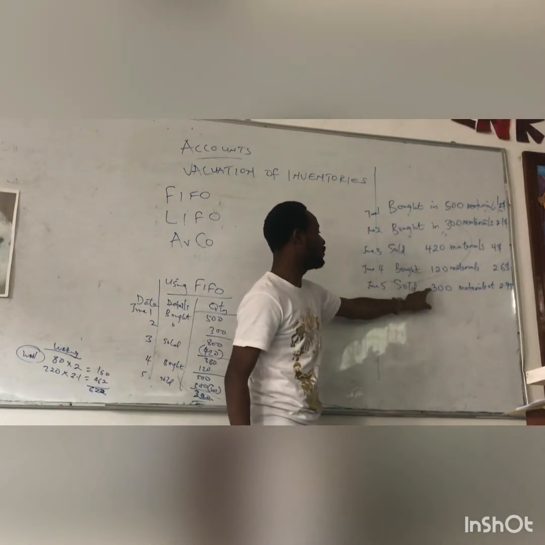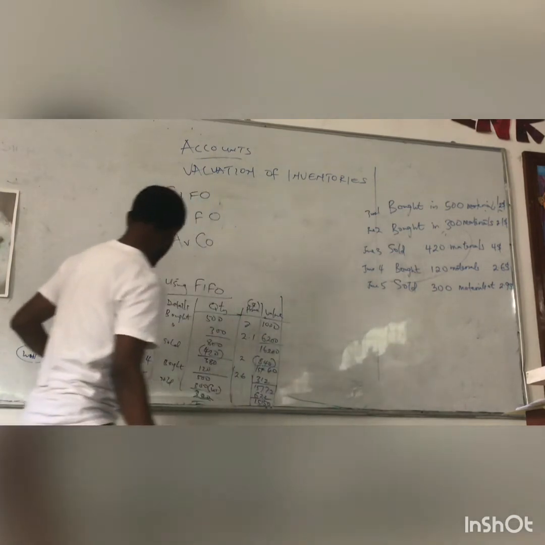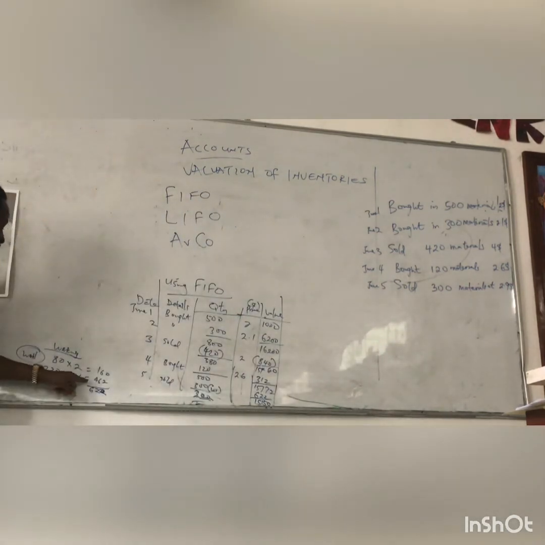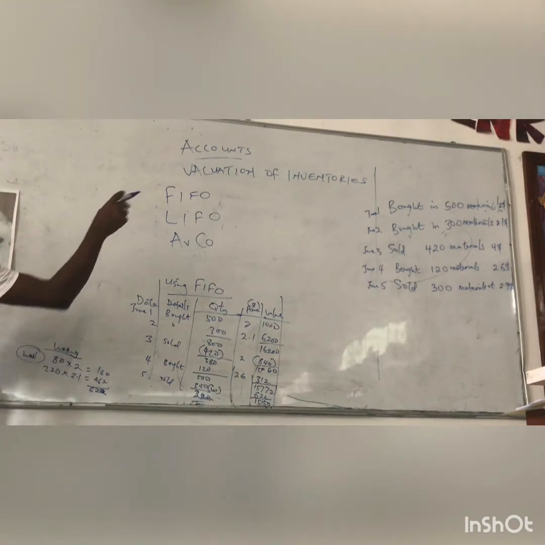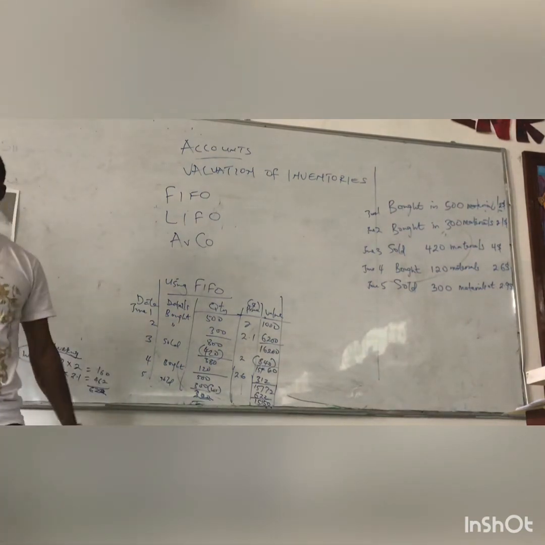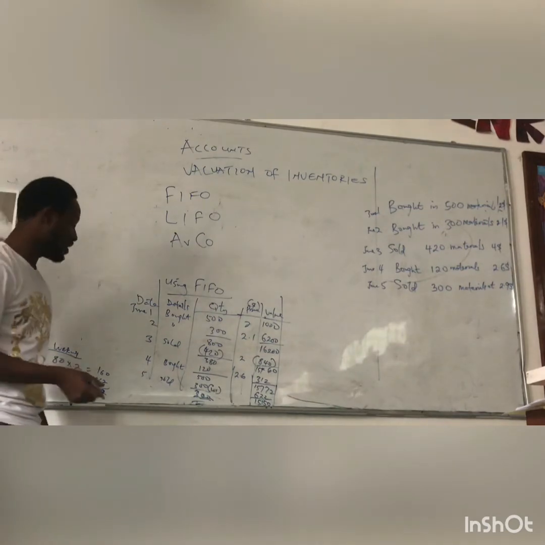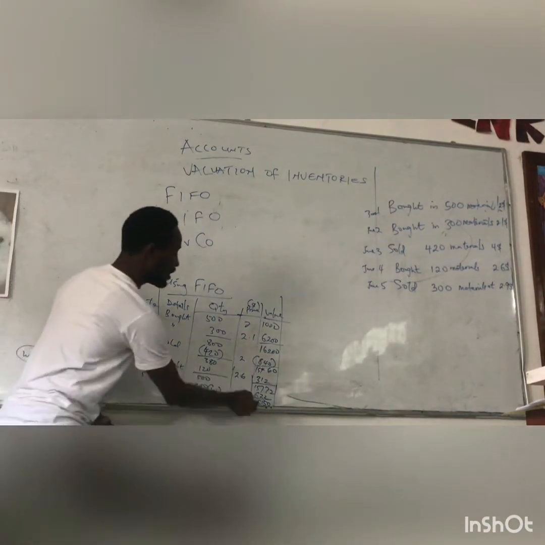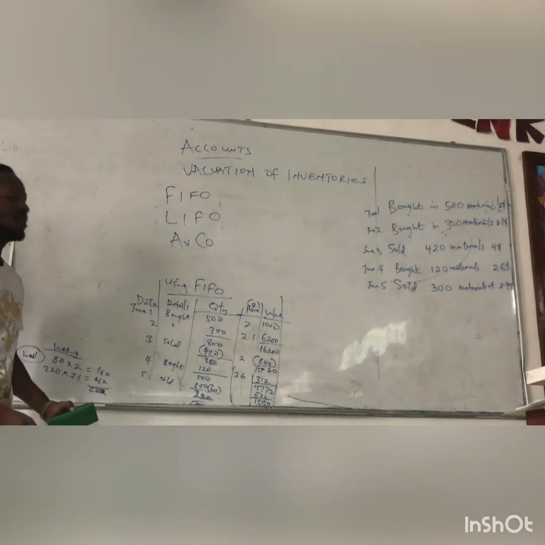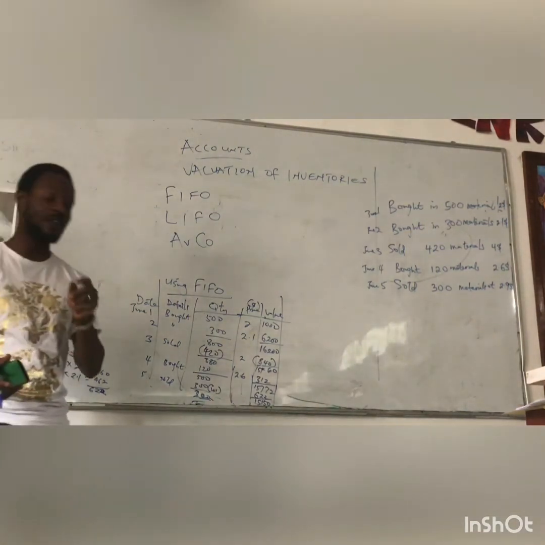Then for the cost of this, it is what we did here. This is the cost of the 300, and the cost of 300 is 622 plus the cost of the first 420 that was sold. That will give us the cost of goods sold. The value of closing inventory is 15,150 using the first in, first out method, which is FIFO.